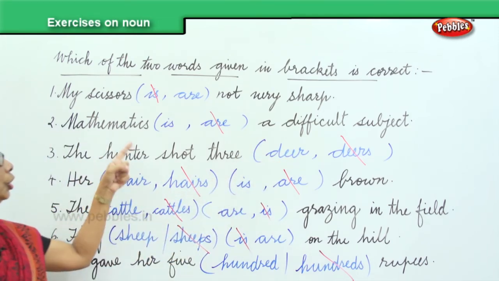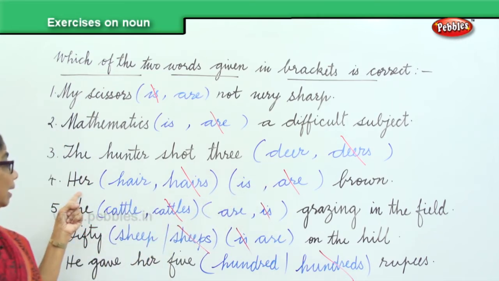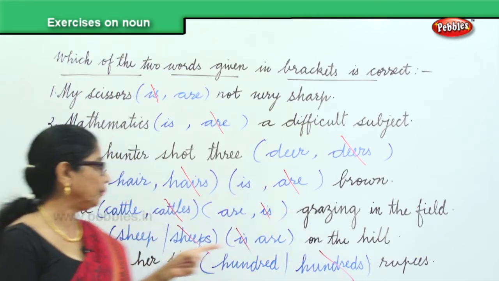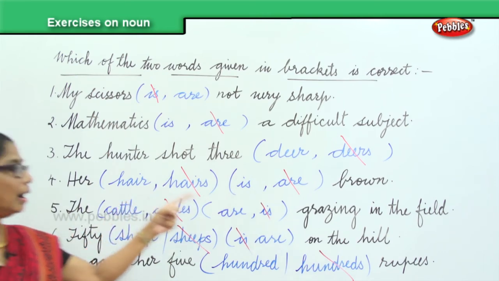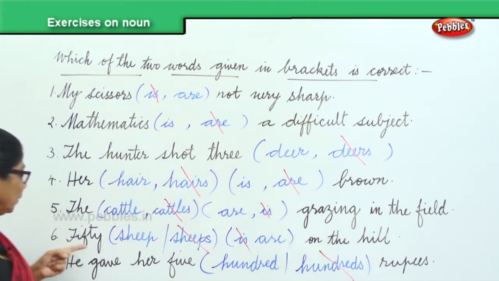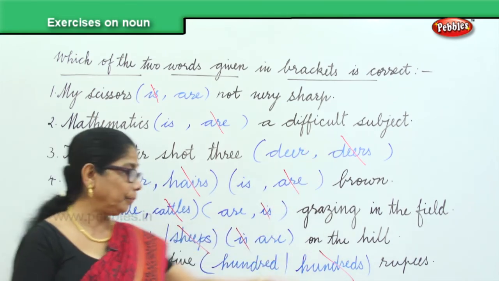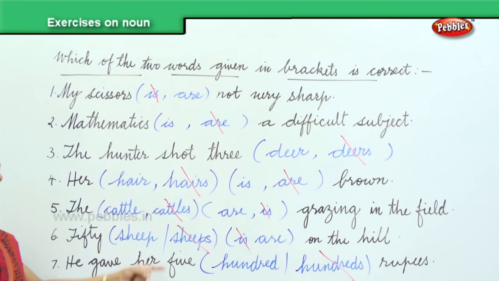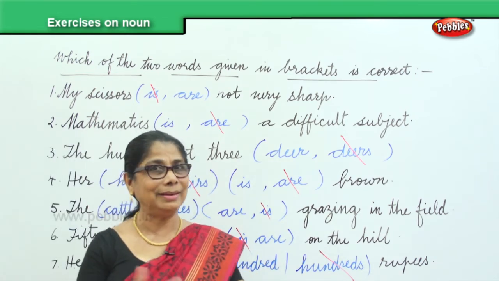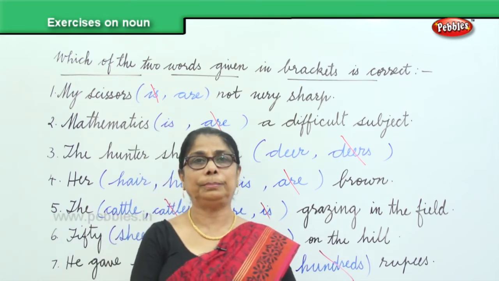The hunter shot 3 deer. Her hair is brown. The cattle are grazing in the field. 50 sheep are on the hill. He gave her 500 rupees. So now we learned to choose the correct verb form.